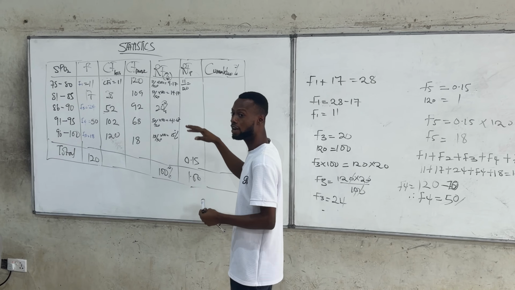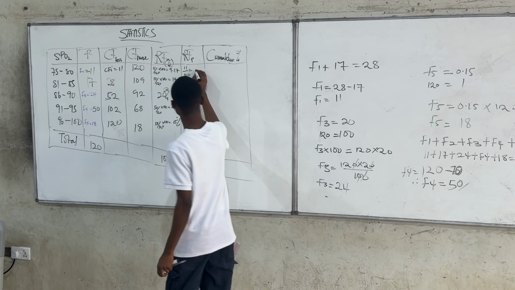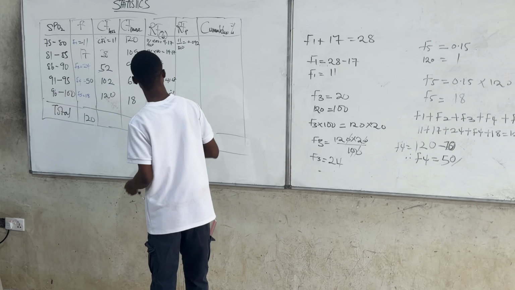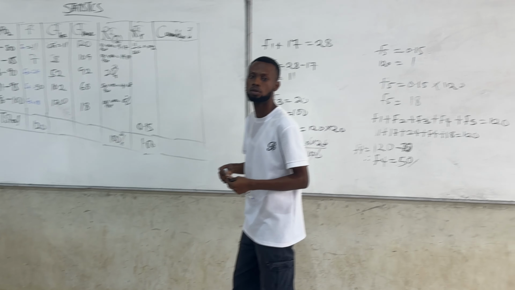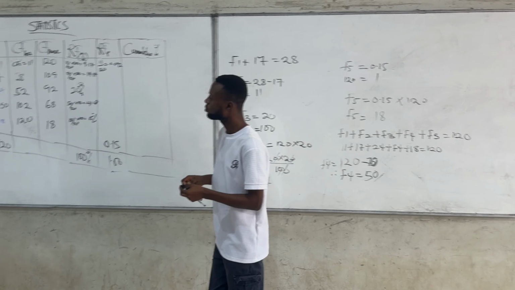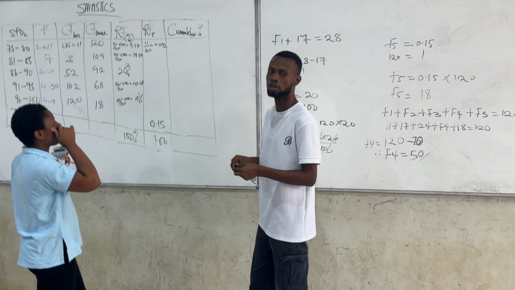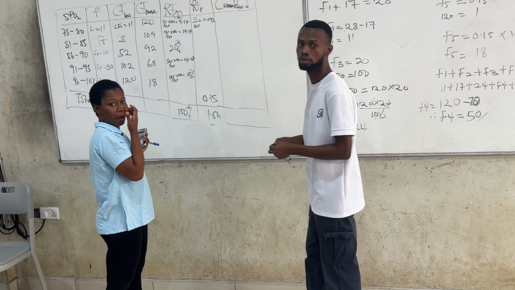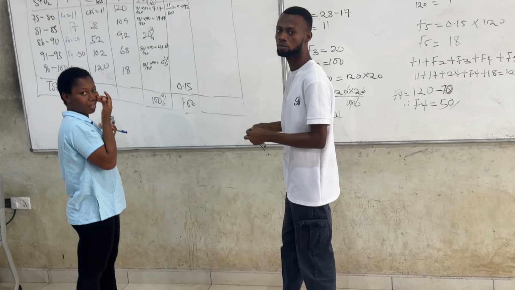So each frequency divided by the total. 0 point. So it's the same approach we used in doing the percentage, just that you don't multiply by 100. It's the same approach. So if you have done the RF already, RFP should be very easy for you to do.